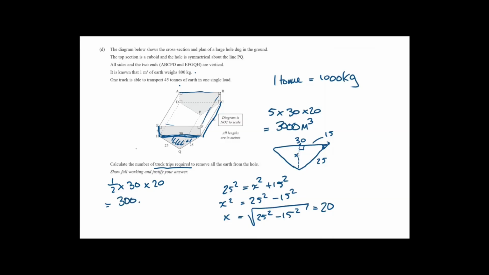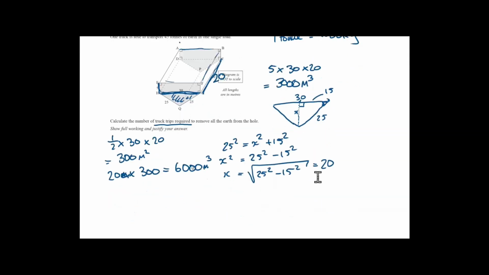So that's 300 meters squared because it's the area. And now we want to convert that into volume by multiplying by the depth down here. And this is 20. So the volume of that prism at the bottom there is going to be 20 times 300, which is 6,000 meters cubed.